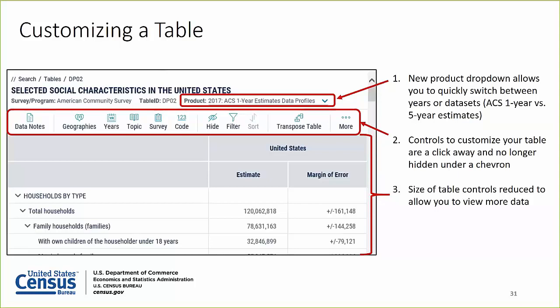It also gives you some icons you can use to customize your table. You can add geographies, look at the table notes that the data providers have put together on the specifics of that data, and transpose the table, or hide or filter, those types of things.